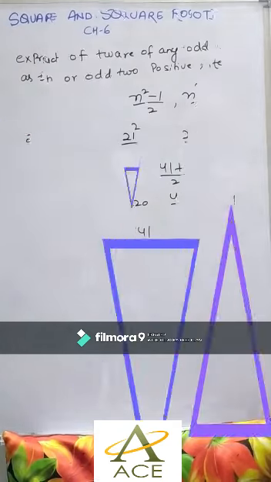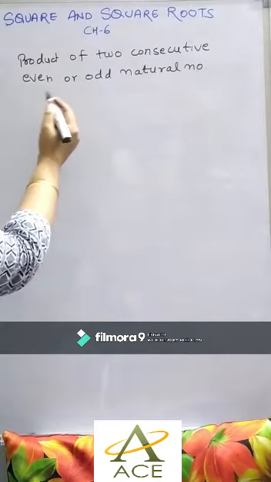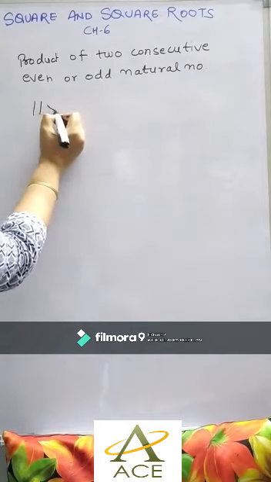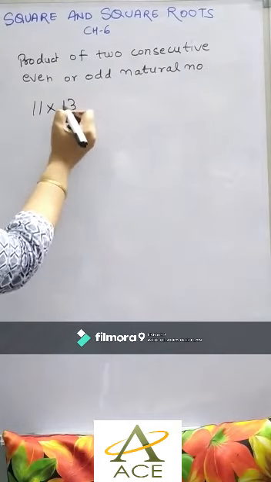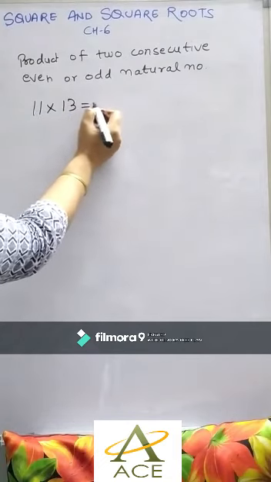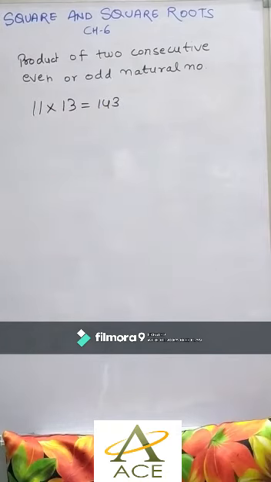It is the same as the square of 21, 441. It is clear? Now the next property is to find the product of two consecutive even or odd natural numbers. For example, if we have to find the product of 11 into 13, both are odd numbers. So what it will be? 143. Now what is the property?